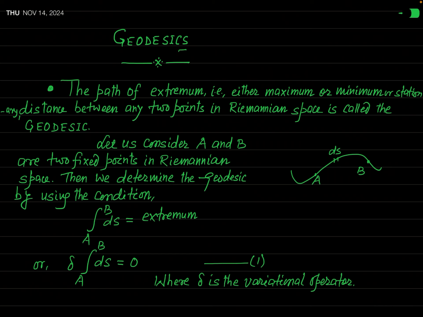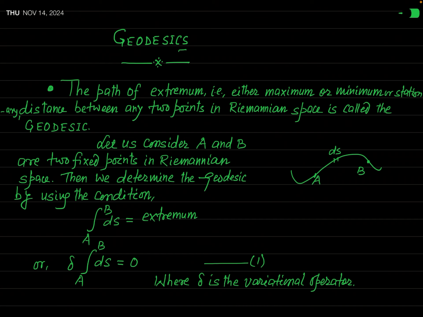For this, let us consider that A and B are two fixed points in a space, in Riemannian space. Then the distance between the two points A and B will be either maximum or minimum or stationary. When you say stationary, what does it mean?